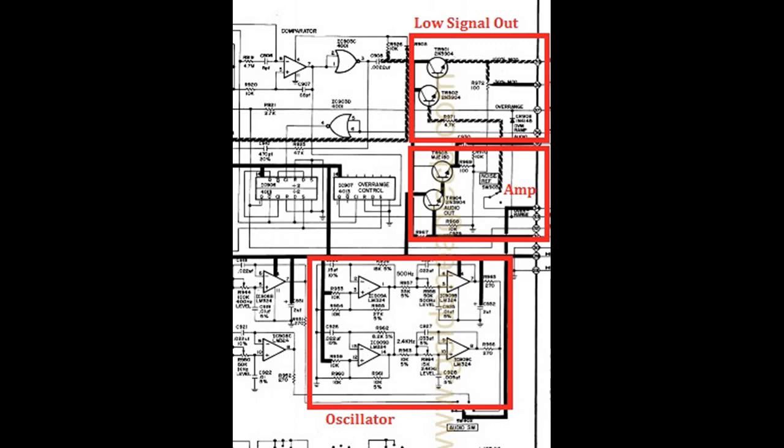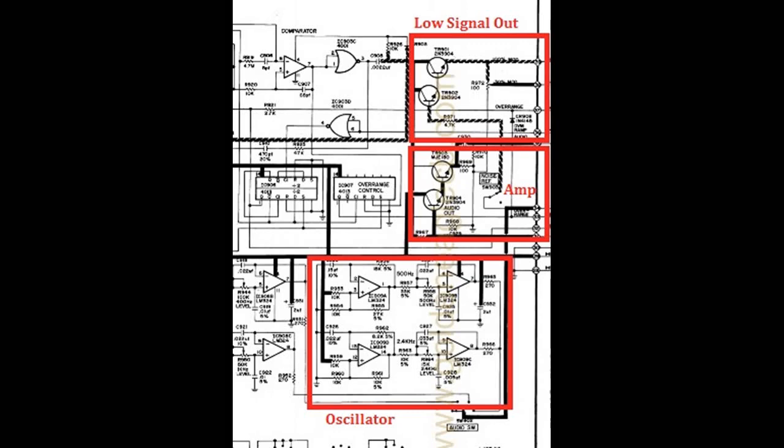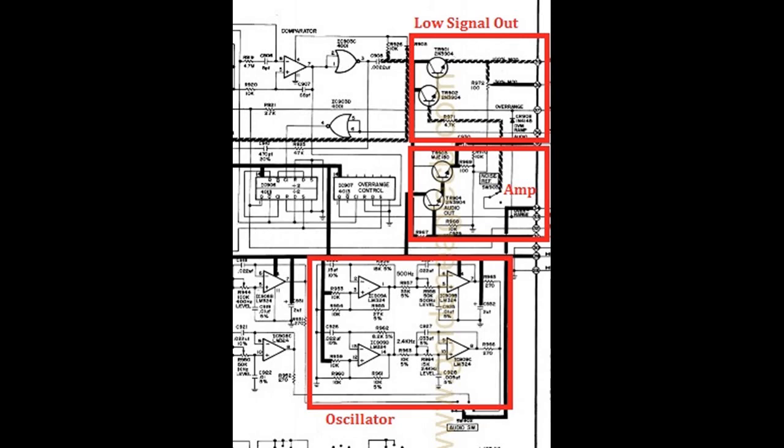And on this particular one, I happened to notice that the audio frequency generator portion of it was an LM324, and then going through a couple transistors for an audio output circuit to boost the signal. And this was exactly what I was looking for.